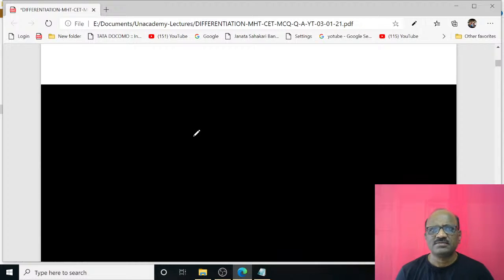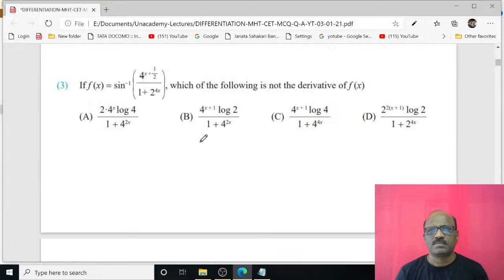That is y is equal to f of x is equal to sine inverse 4 raised to x plus 1 upon 2 and 1 plus 2 raised to 4 raised to x. We substitute here 4 raised to x is equal to tan theta.